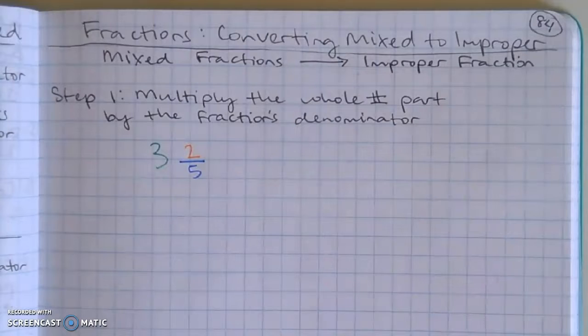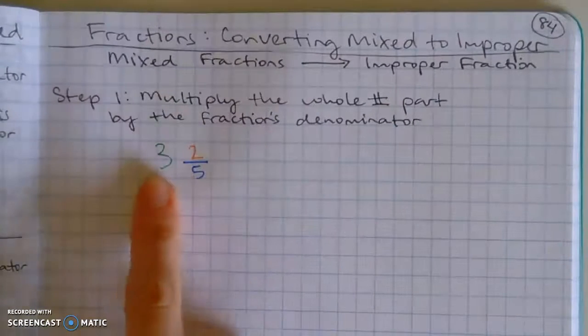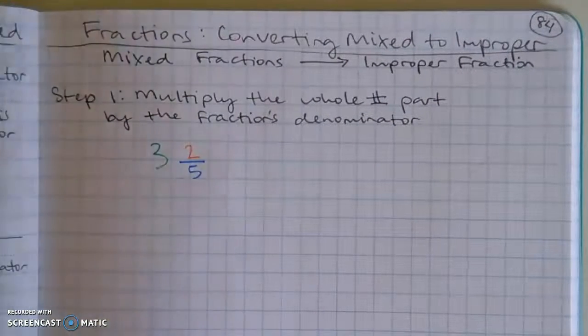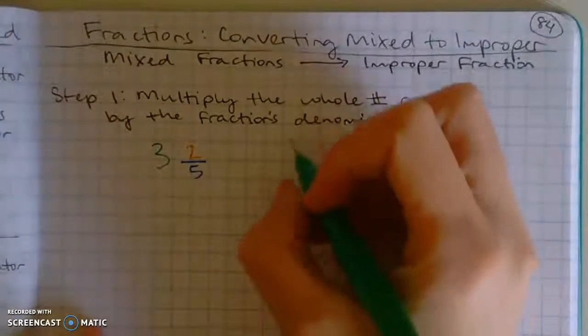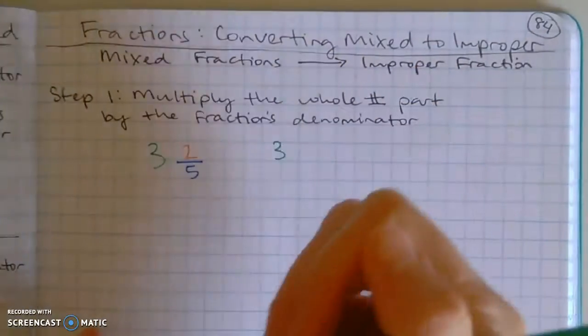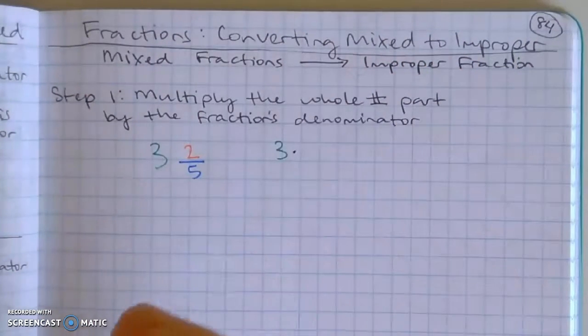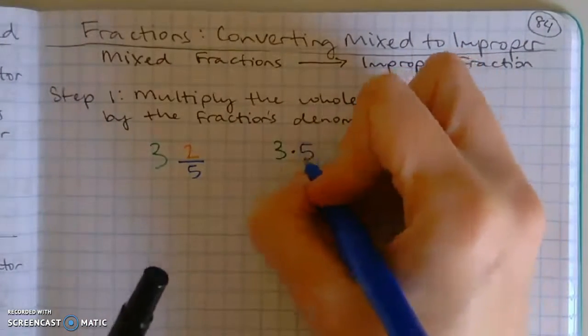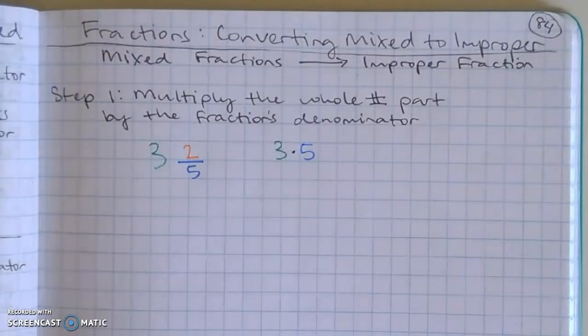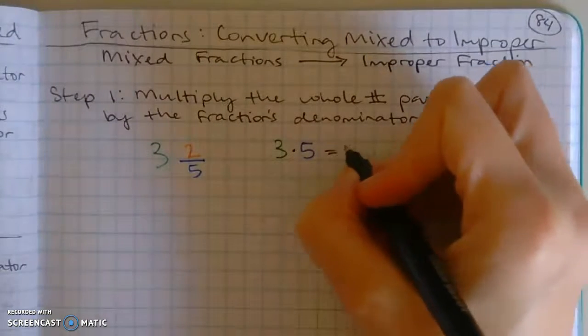Okay, so if that is my mixed fraction, I'm going to take that whole number and I'm going to multiply it by the denominator. So I'm going to go 3 times 5. And that's going to equal 15.